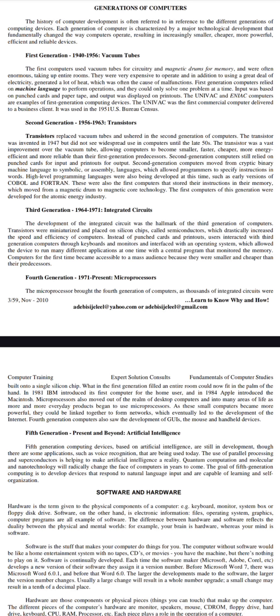Transistors were miniaturized and placed on silicon chips called semiconductors, which drastically increased the speed and efficiency of computers.